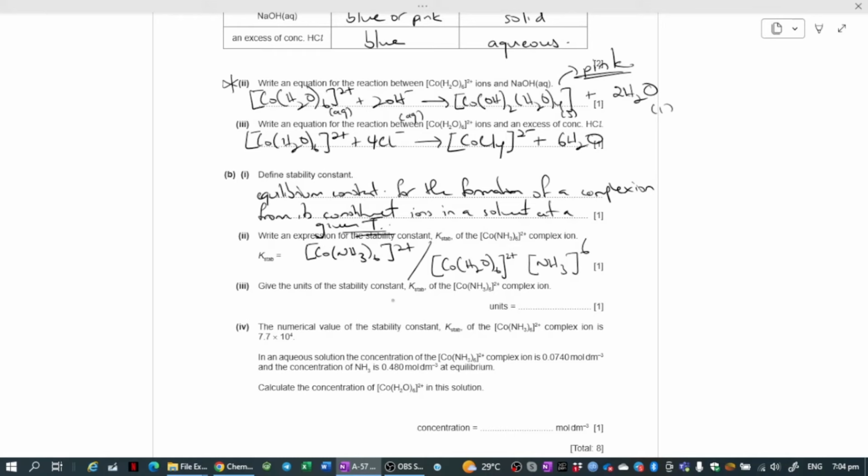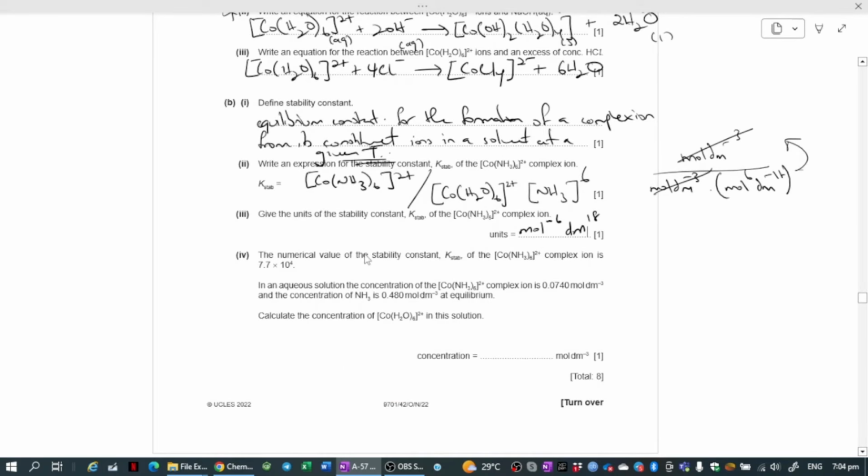And what would be our units? So we have mole per cubic decimeter all over mole per cubic decimeter by mole per cubic decimeter to the power 6, which is mol^6 dm^-18. This cancels, and when we bring this to the numerator, it becomes positive. So the unit is mol^-6 dm^18. Good?